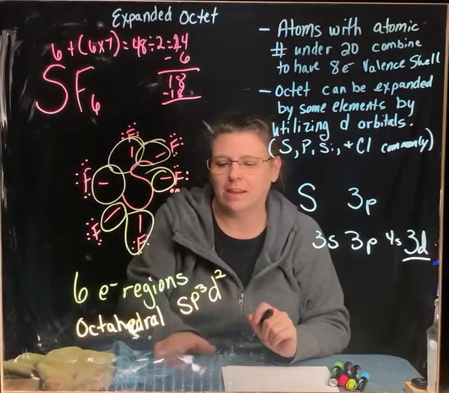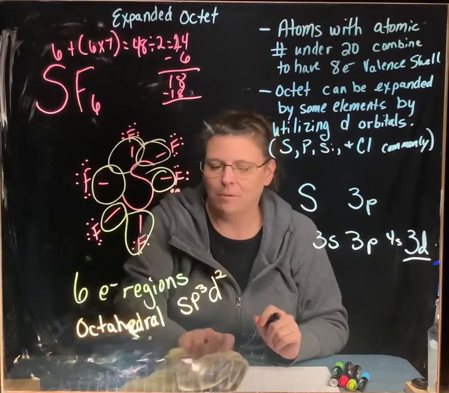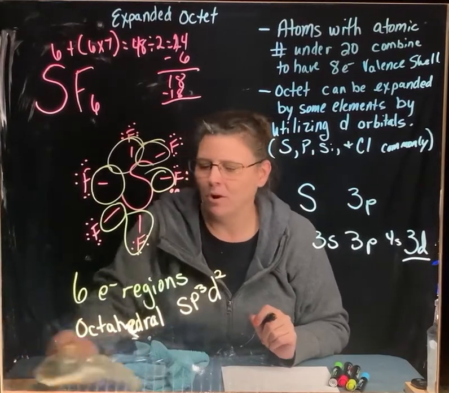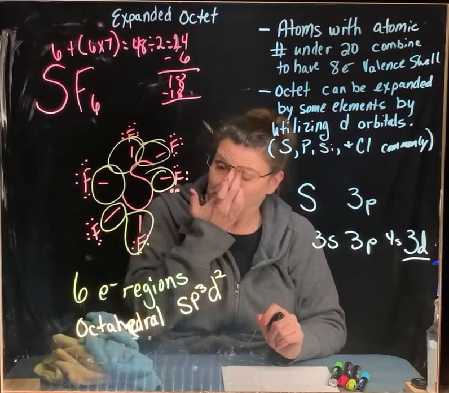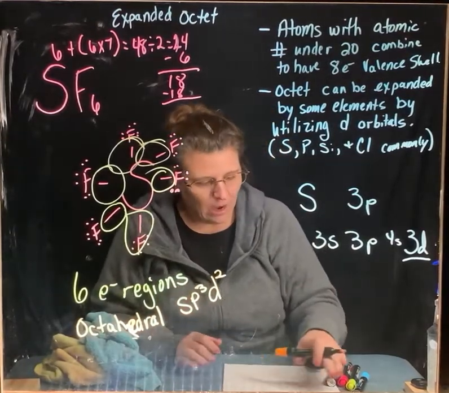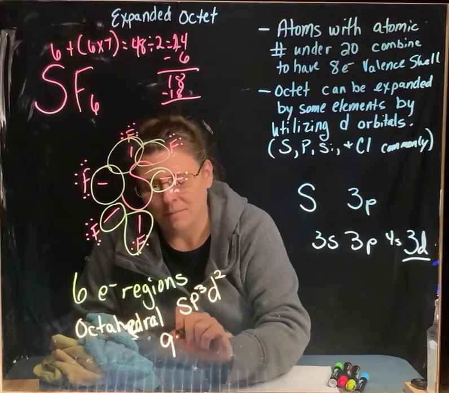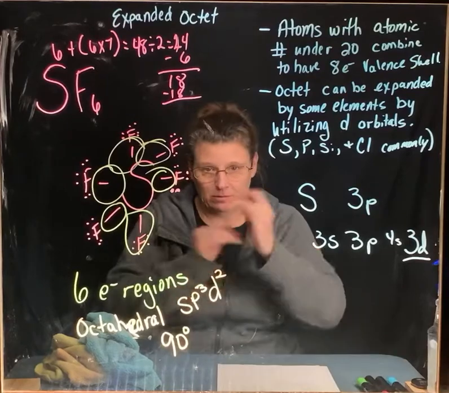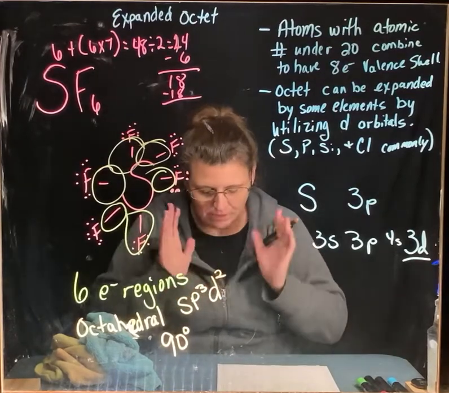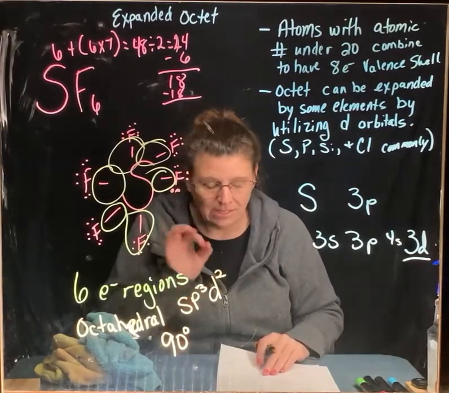Again, I'm not going to make you find this one, but I am going to have you know that whenever it's octahedral, you have an sp3d2. Now the bond angles on all of them are going to be 90 degrees. So it has a very unique, distinct shape to it.